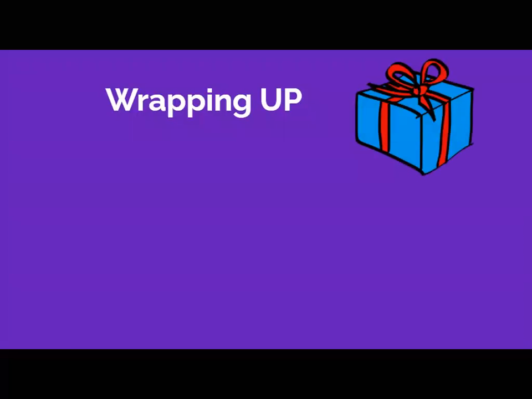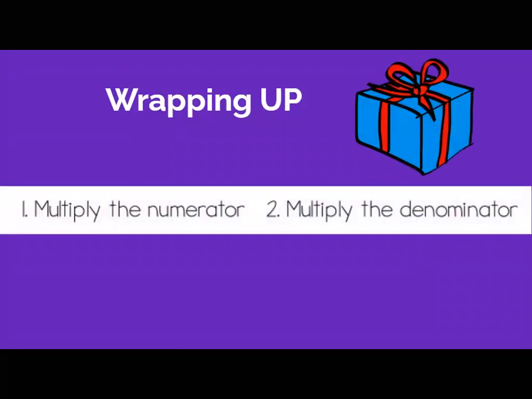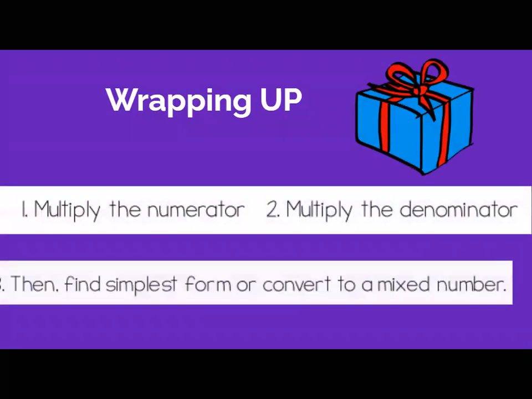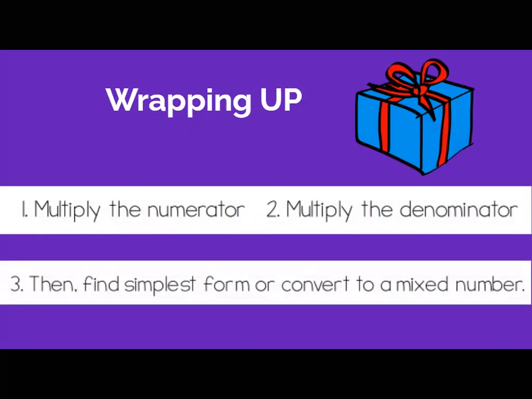So wrapping up multiplying fractions, we first want to make sure we multiply the numerators. Second step, we're going to multiply the denominators. And then our third step, we are going to find the simplest form or convert to a mixed number.